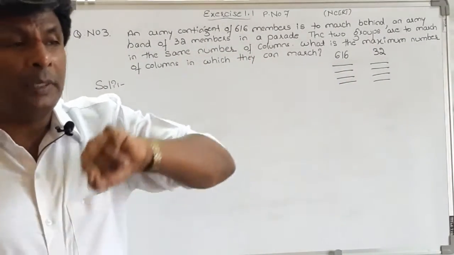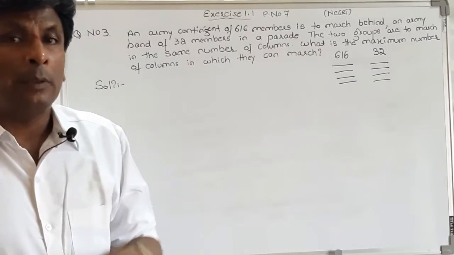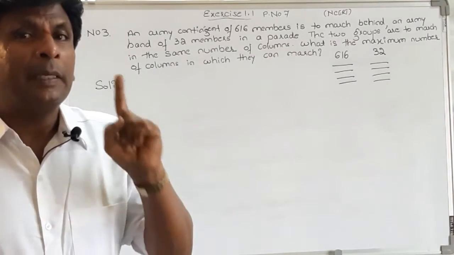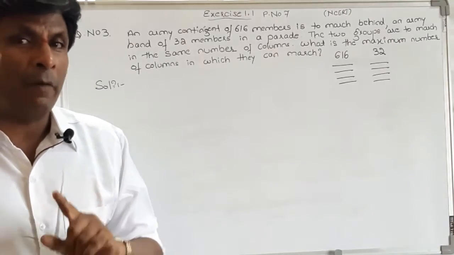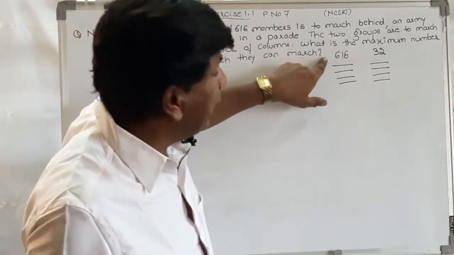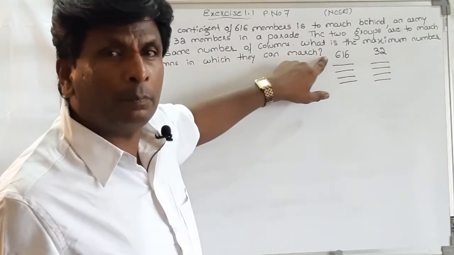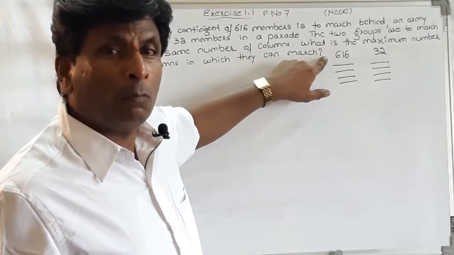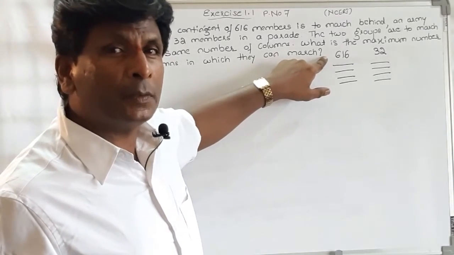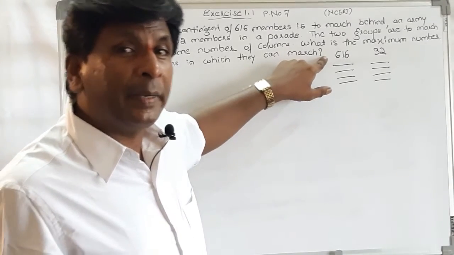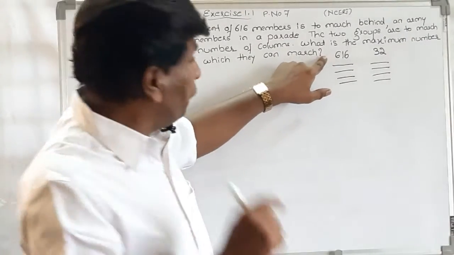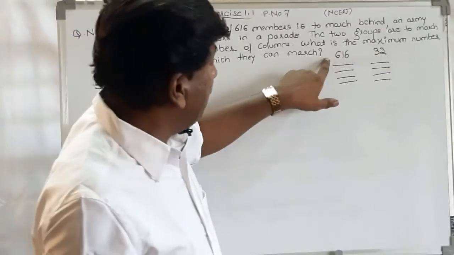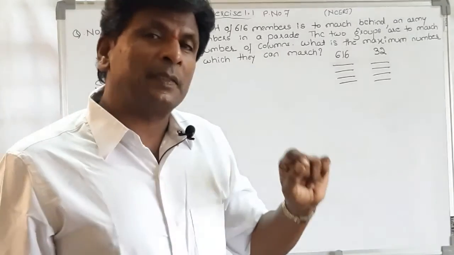When we have to divide into equal parts, it is nothing but the HCF. Why is it HCF? I will explain, my friends. HCF means it is a number that divides completely. Consider 8 is the HCF of 616.